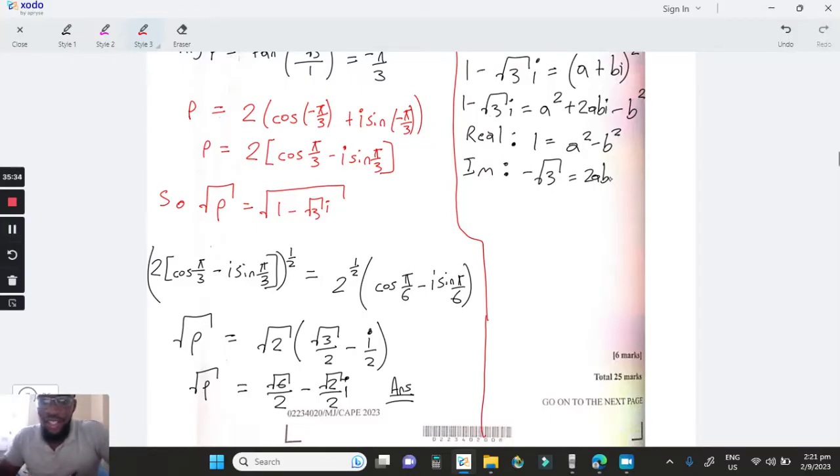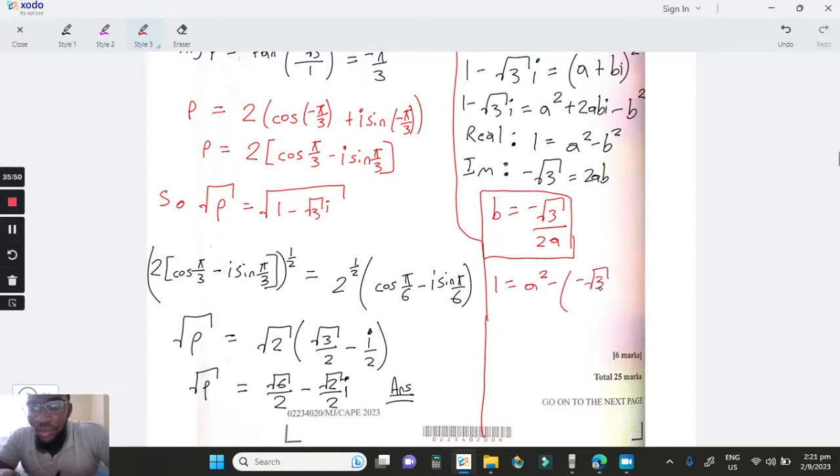So in this case, just to continue it for fun, let's make b the subject. From equation 2, b would be minus root 3 over 2a. Then we're going to plug it into the real part. So 1 is equal to a squared minus negative root 3 over 2a squared. So 1 is equal to a squared minus and minus become plus.